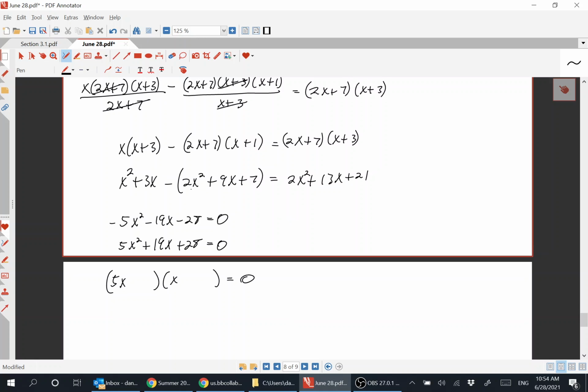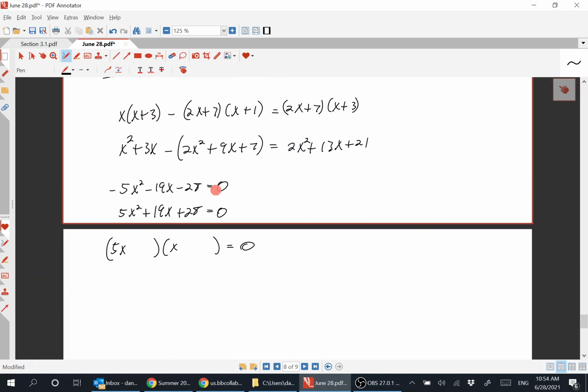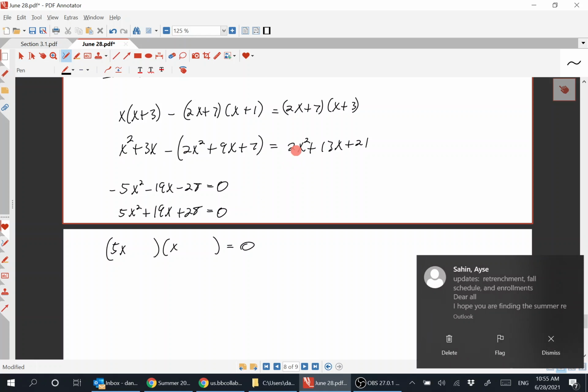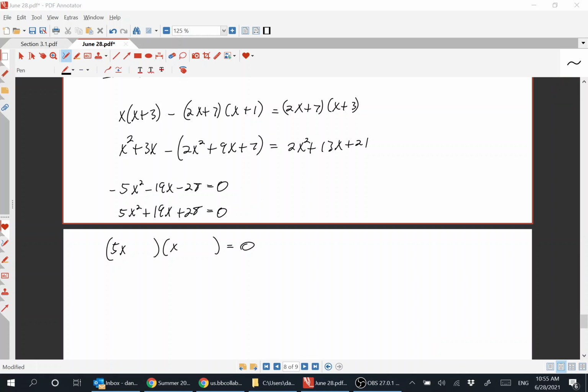So x squared minus 2 minus 2, so it's minus 5, right? So 28 was 14 and 2. That doesn't do it, does it? 14 and 2, no. 28 and 1, no. 7 and 4, 28 and 2.